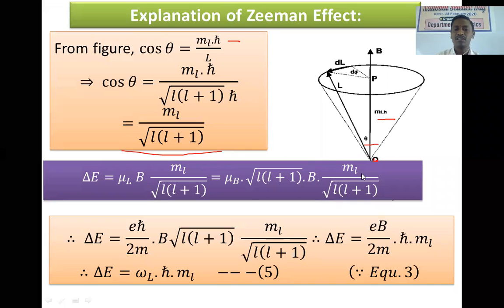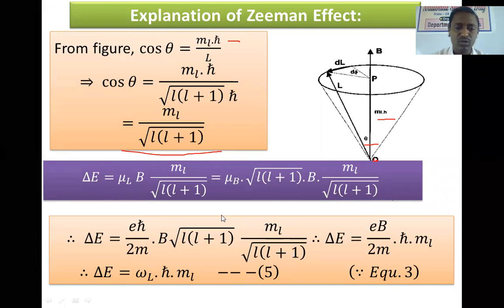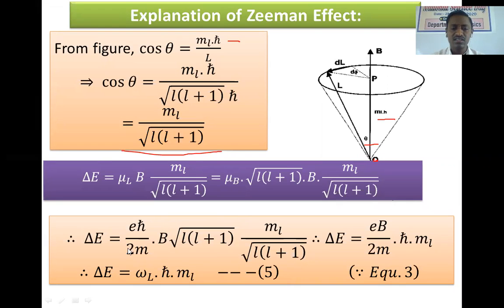The value of this mu B is e h cross upon twice m, into B into under root of l, l plus 1 into ml upon under root of l, l plus 1. So these two square roots get cancelled.